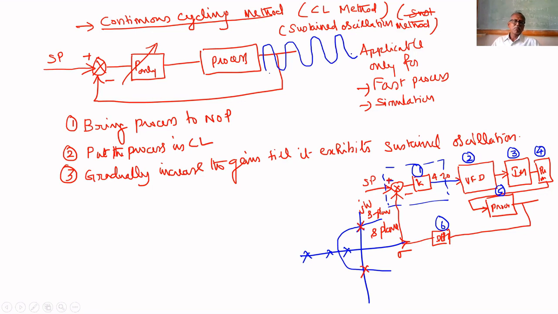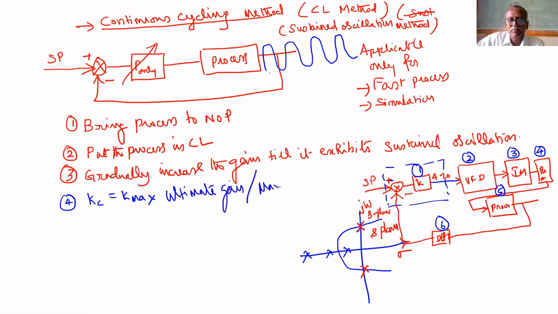At that time, we have to note down the Kc, that is equal to K max, the ultimate gain or maximum gain at which the system exhibits sustained oscillation.